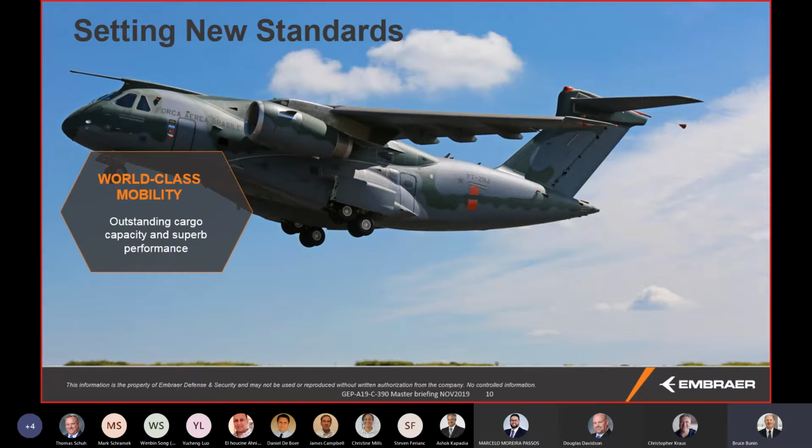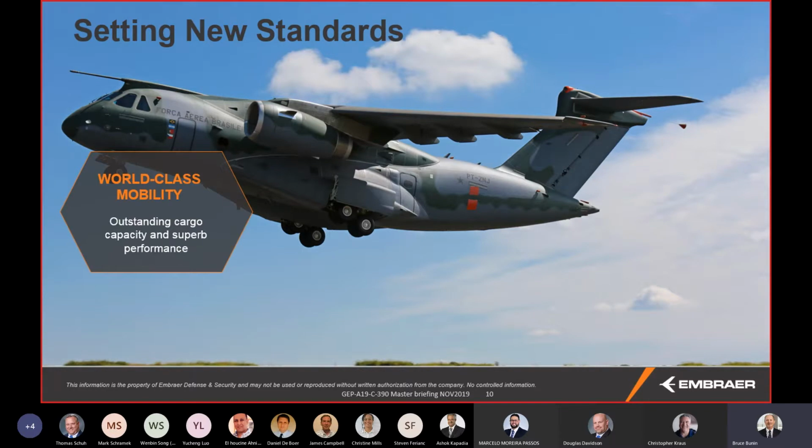And so this program was a Brazilian Air Force development program, and the airplane was designed under contract to the Brazilian Air Force. And we are now in the production phase while we continue the development and certification work on the airplane.